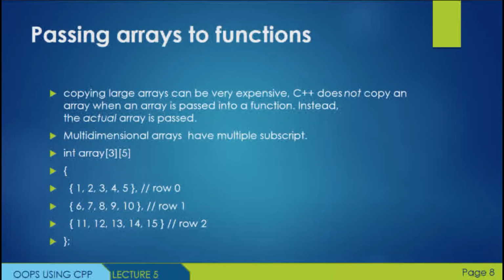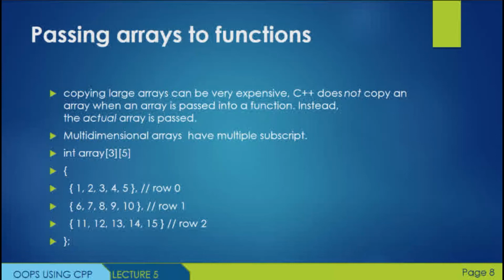Passing arrays to functions. Although passing an array to a function at first glance looks like passing a normal variable, underneath the hood C++ treats arrays a little bit differently. When a normal variable is passed by value, C++ copies the value of the argument to the function parameter.